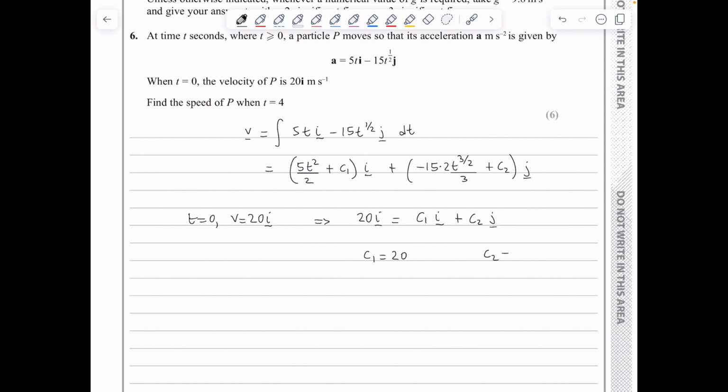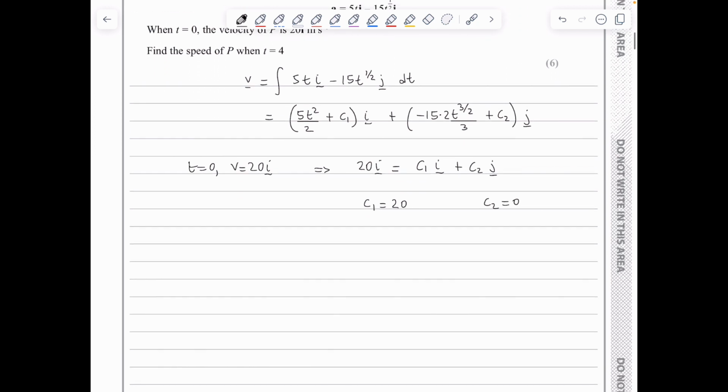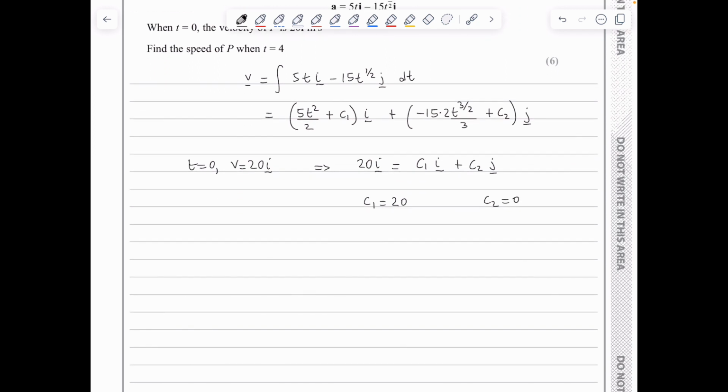This means that we have a complete expression for the velocity vector, so v is 5t squared over 2 plus 20, that's the i component for the velocity, minus 10t^(3/2)j, the 15 times 2 over 3 simplified to a 10.